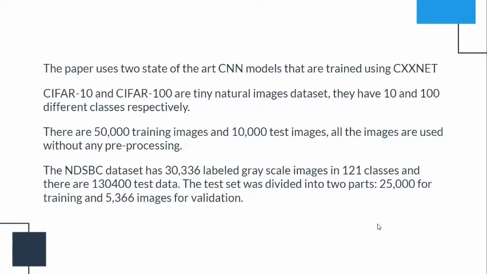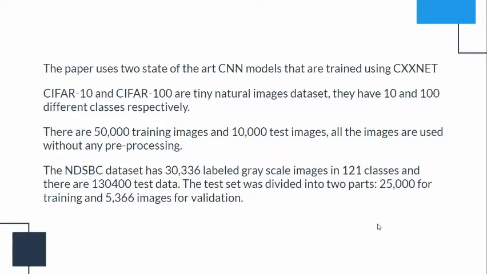Coming on to the third dataset, that of the National Data Science Bowl competition, it has roughly 30,000 plus labeled grayscale images in 121 classes, and there are 130,000 plus test data.